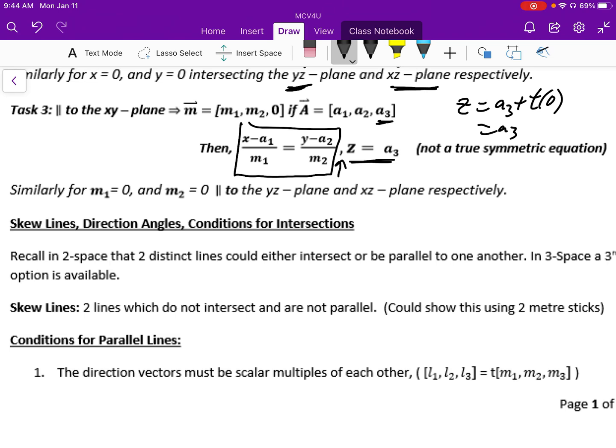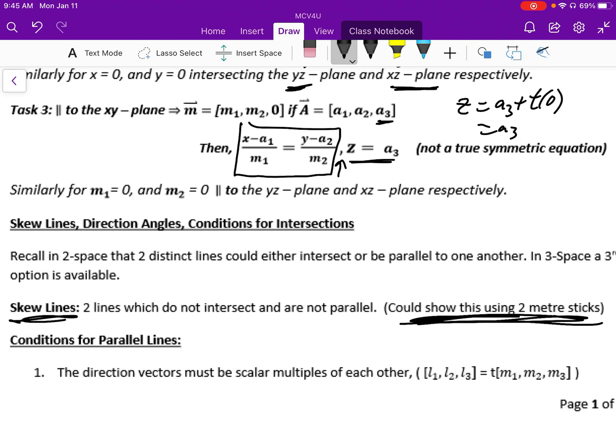We could have two lines that intersect, but now we have this fourth case, which is skew lines, and these two lines don't intersect and they're not parallel, all right? If I was in class, I could do this with 2 meter sticks or 2 pens in the demonstration. So again, take a look at that little video. You can pause this before we move on if you need to understand what skew lines are.